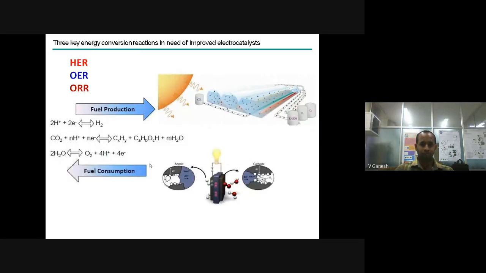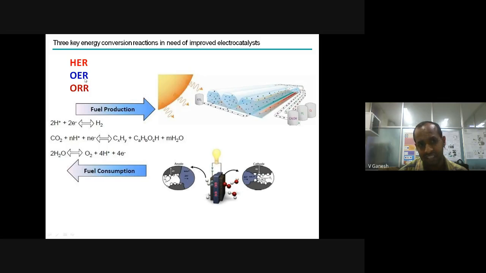Now, in case of water electrolysis, there are three famous reactions as far as electrochemistry is concerned. In fact, it is an advantage as well as a disadvantage for electrochemical studies. Suppose you use water as an electrolyte, your potential window of study is limited, because the moment you scan the potential in the positive direction, water splits, water undergoes oxidation to give you oxygen.